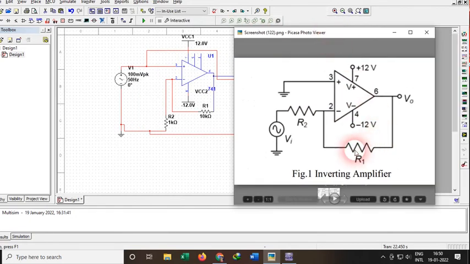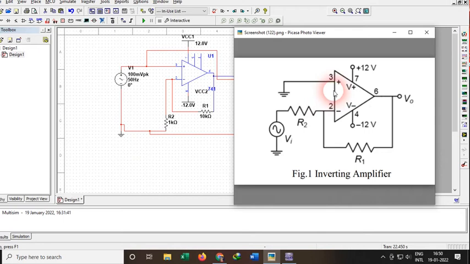R1 is connected to the second pin, and R2 is here, and after R2 we connect the input source, and the third pin is directly connected to the ground. So we will move on to this circuit and check whether in this case also the theoretical gain is equal to the practical value or not.